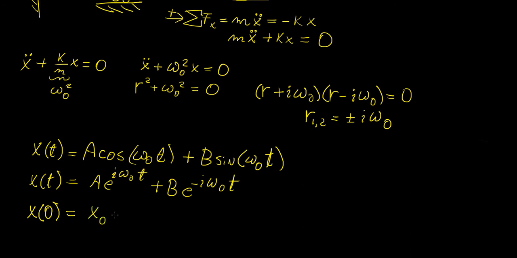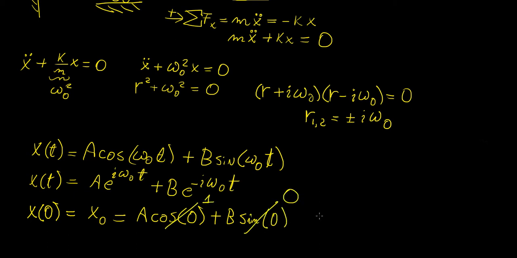So that means that we're going to have a cosine of 0 plus b sine of 0. So this is going to be 0, this is going to be 1. Therefore, the amplitude of this system is going to be x naught, which means that we can write the solution to this equation as simply x naught cosine of omega naught t.